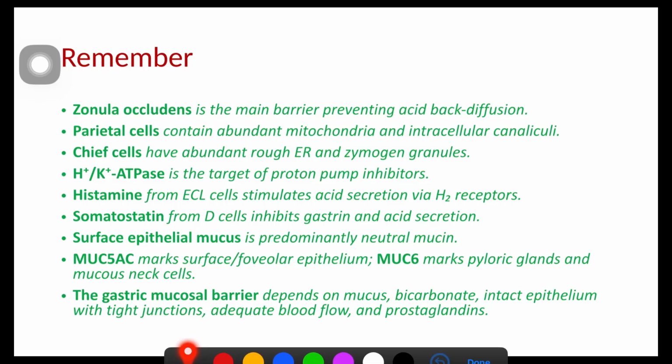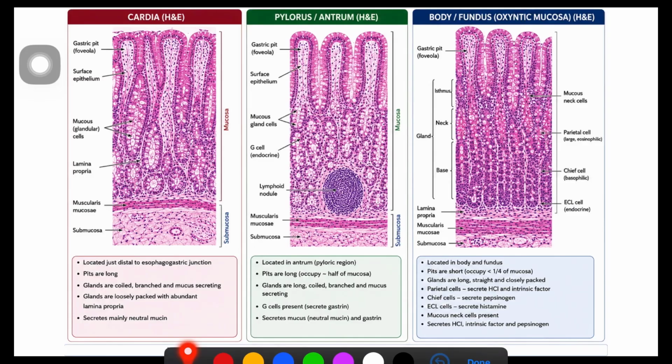And the gastric mucosal barrier depends on mucus, bicarbonate, intact epithelium with tight junctions, adequate blood flow and prostaglandin.